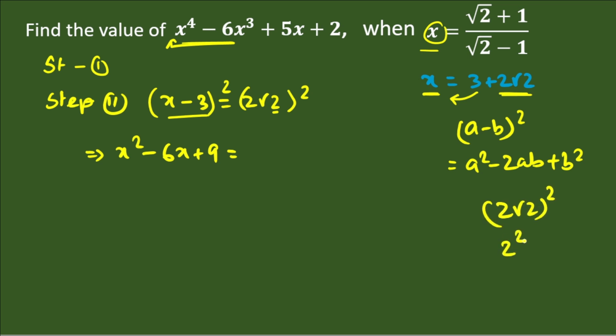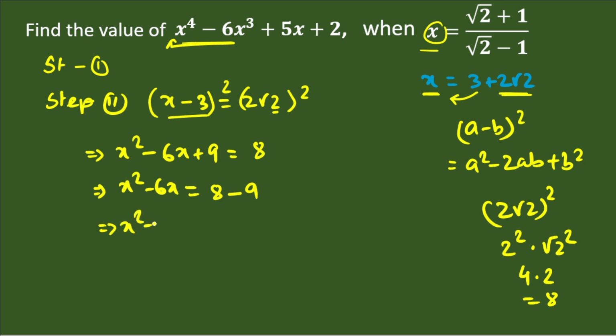So 2 square multiplied by square root 2 square is 4 multiplied by 2, that is 8. So the right hand side value is 8, with x square minus 6x on the left hand side. We'll take 9 to the right hand side, so it is negative 9. So the value of x square minus 6x is equal to negative 1. We have calculated that x square minus 6x is equal to negative 1.